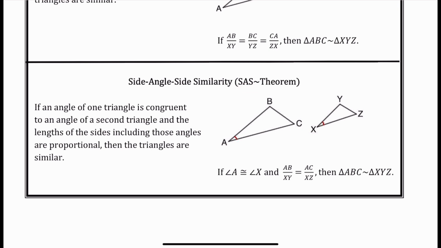So we would know that these triangles would be similar because they have two sides that are proportional and the angle that's inside those two proportional sides is also congruent. And these two triangles would be similar.